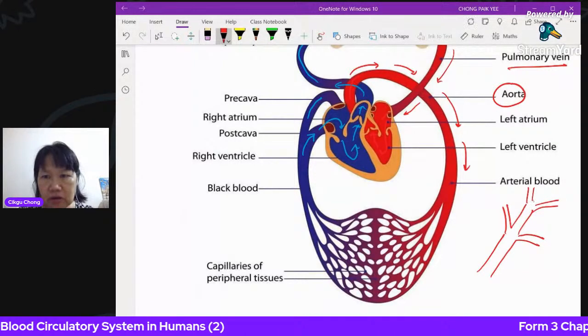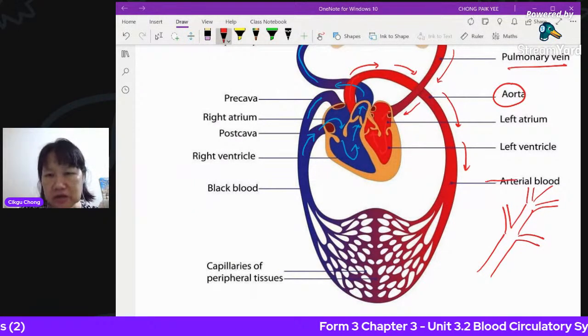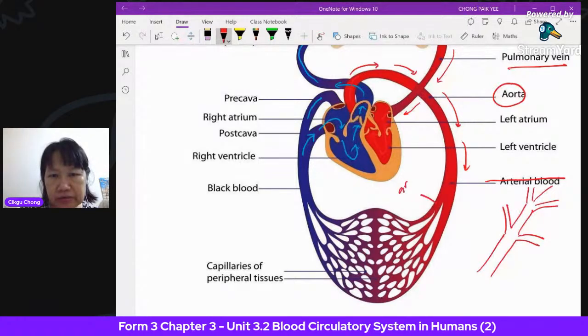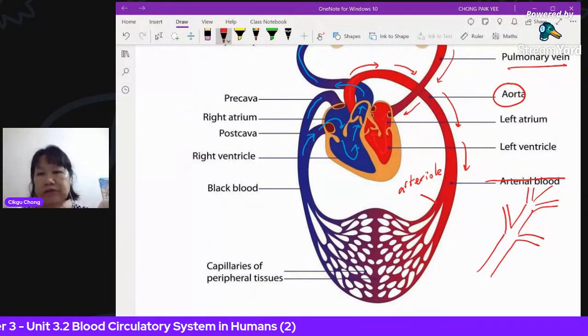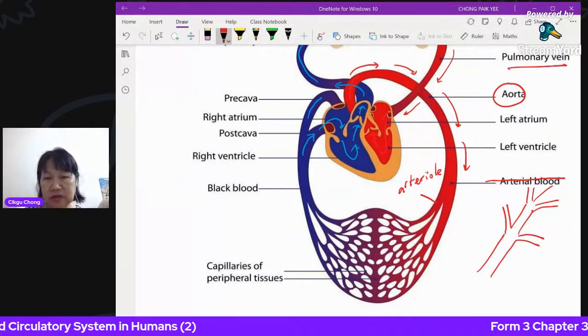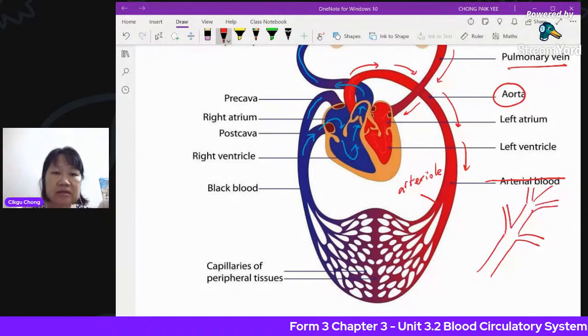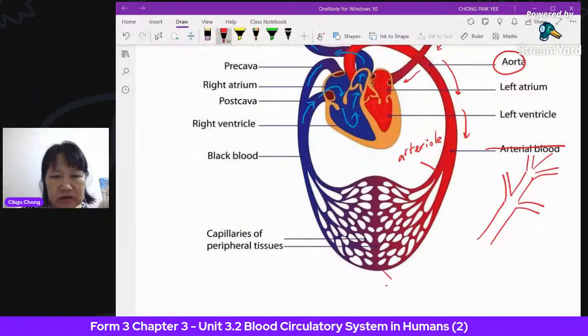The smaller ones are called arterioles. Arteriole means smaller, the branching out of the artery. So arterioles branch out smaller, until you get the very, very fine ones. These are called capillaries, the smallest ones.